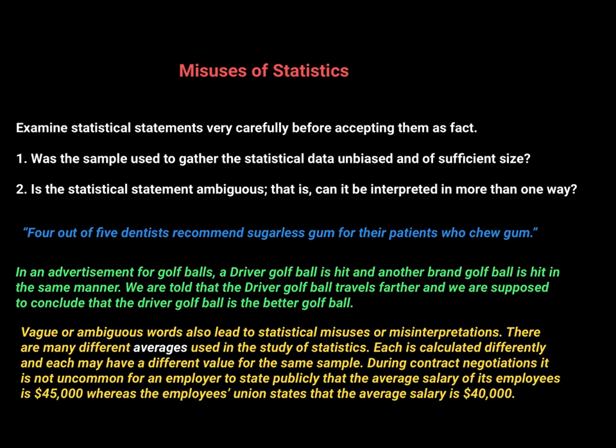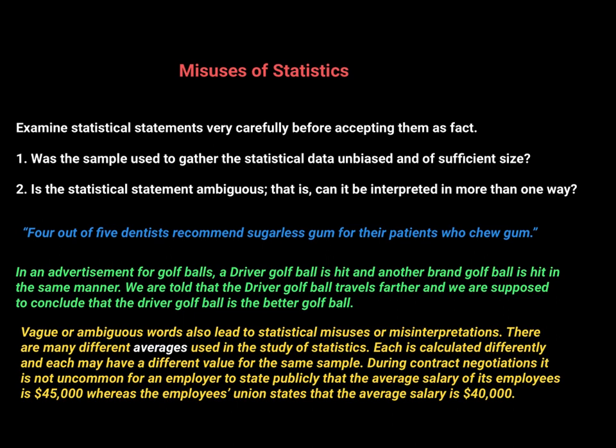Like, for example, during contract negotiations, it is not uncommon for an employer to state publicly that the average salary of its employees is $45,000, whereas the employees' union states that the average salary is $40,000. So who's lying? In this case, actually, both sides are telling the truth.